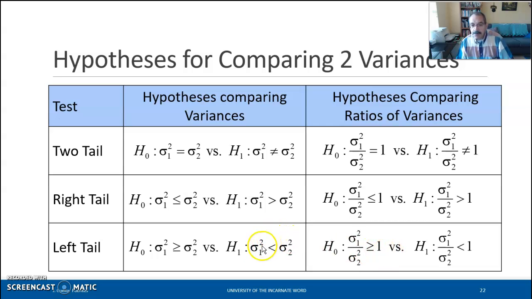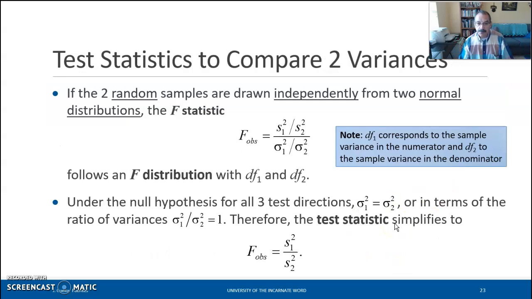Under the alternative hypothesis, variance 1 is smaller than variance 2, so the ratio of variance 1 divided by variance 2 must be less than 1. So these are how we're going to state the hypothesis depending on the situation: the two-tailed hypothesis, the right-tailed hypothesis, and the left-tailed hypothesis, now stated as ratios of variances.